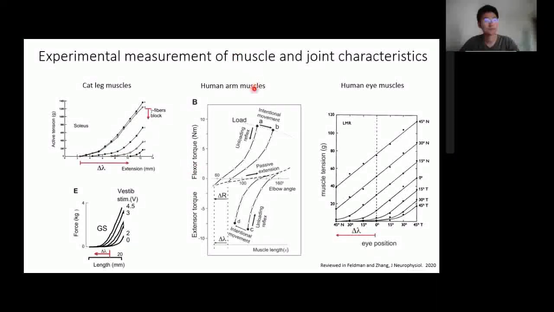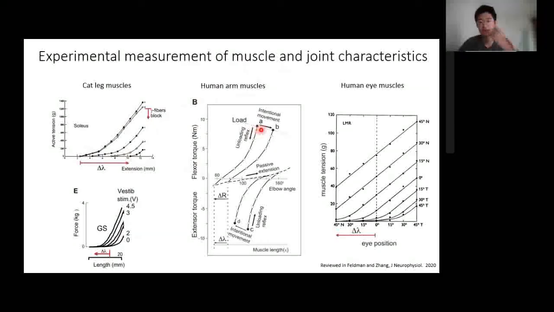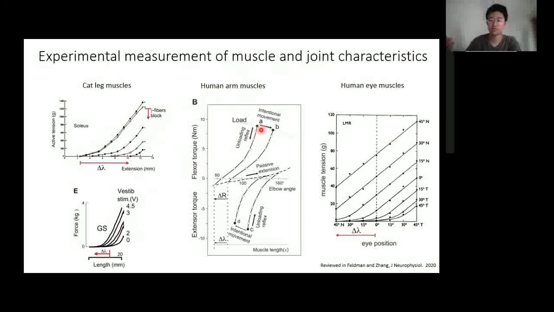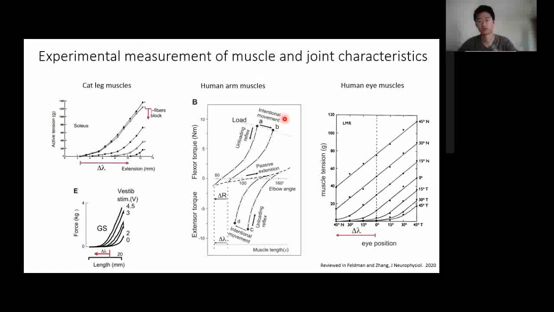Also in humans, we can do a similar experiment, but we cannot do operations in humans. In humans, we ask the participant to hold a load in the hand, and then we decrease the load to different levels, and we ask the participants not to react to the change of this load. So we assume that the participants do not change the control signals to the muscles.